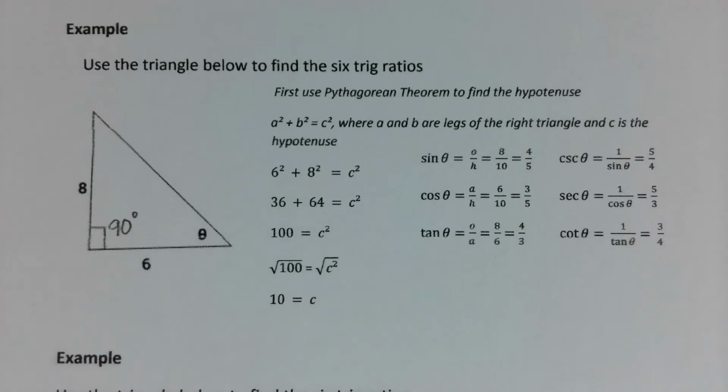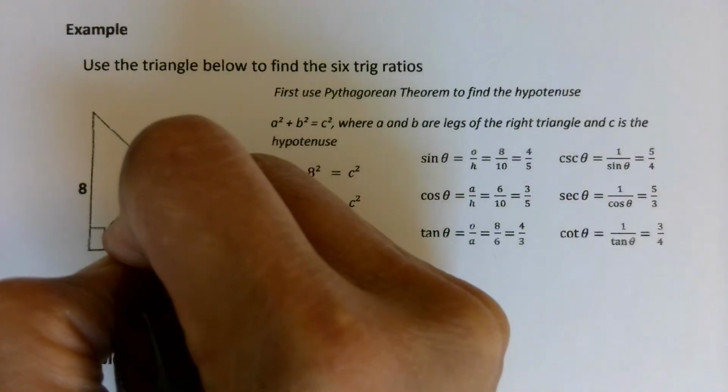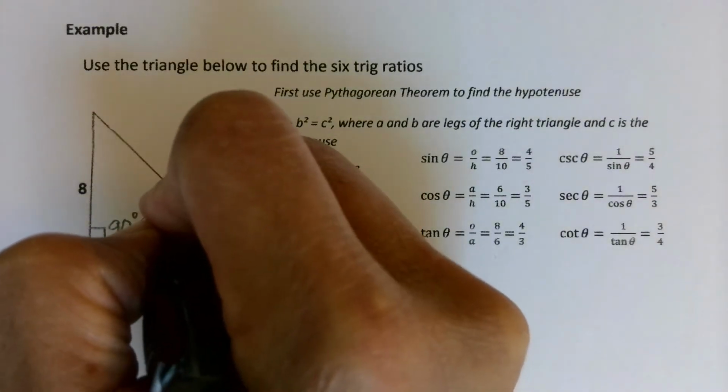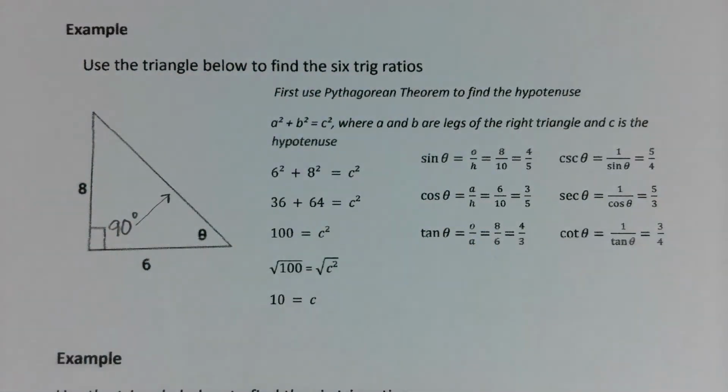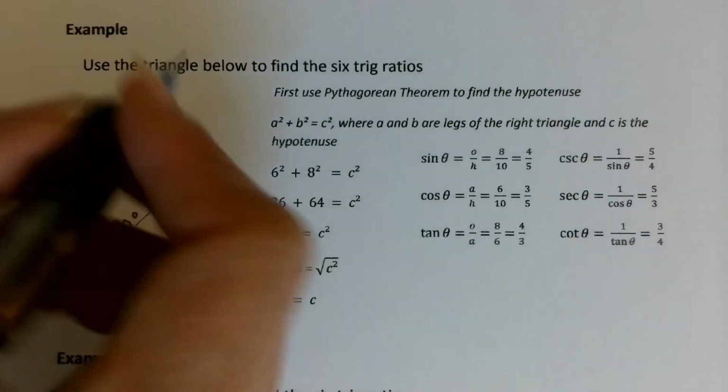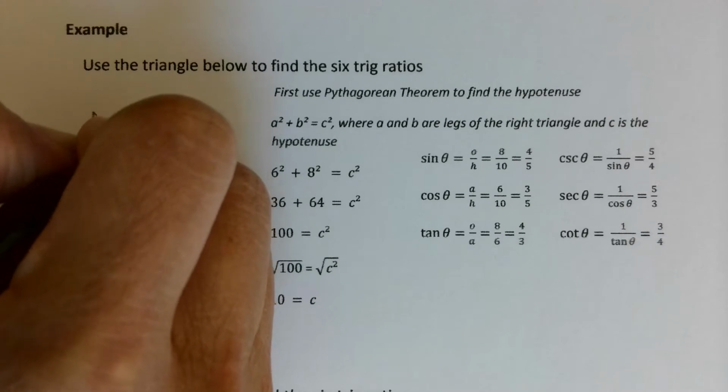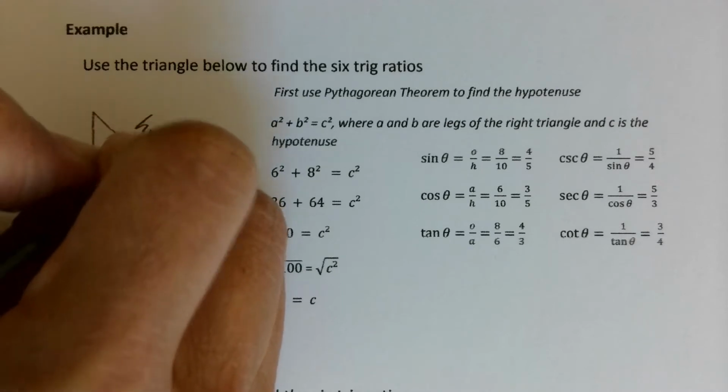Now, given that that's a 90-degree angle, we know that across from it, the hypotenuse will always be located. So straight across from the 90-degree angle, the longest side, the hypotenuse, will always be located. So I'm going to come over here and label, I'm going to write out the whole word.